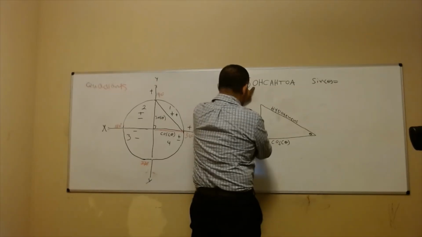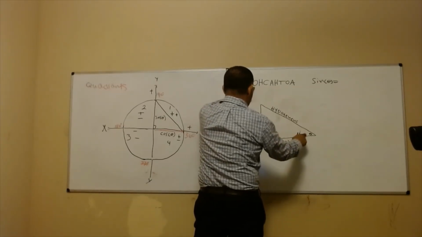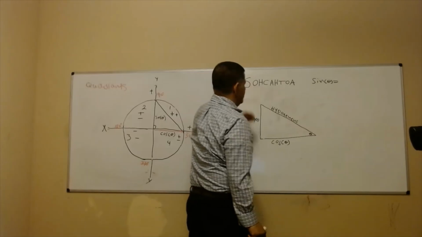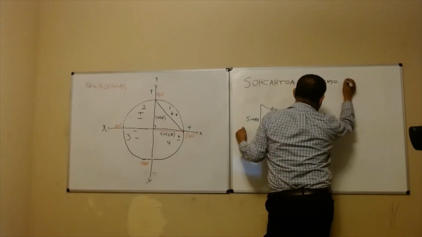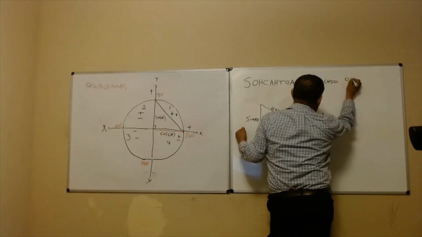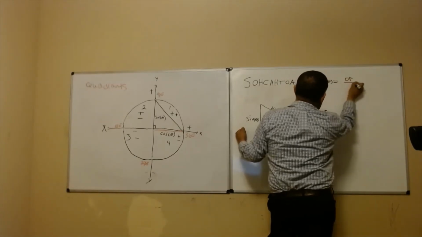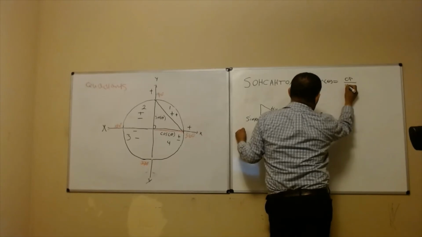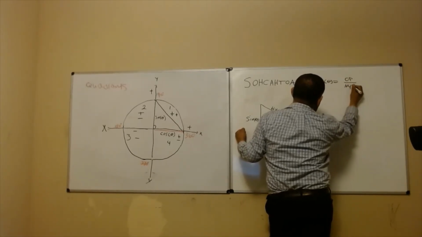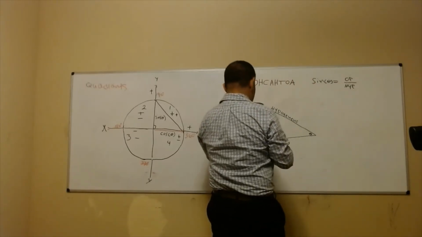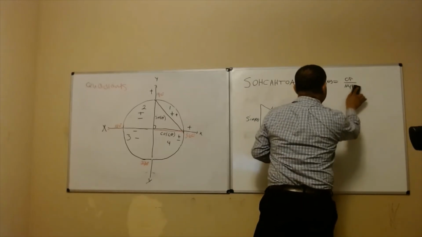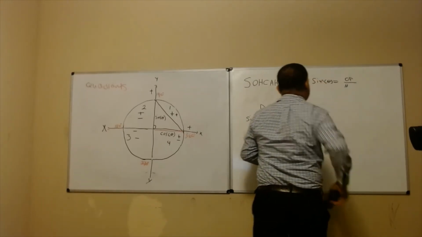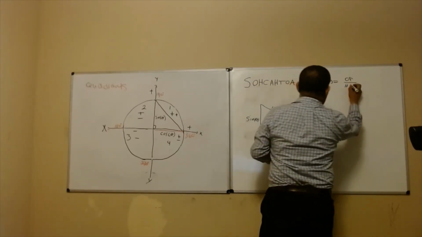So sine of theta is equal to opposite over the hypotenuse, and you can put opposite like that over the hypotenuse.